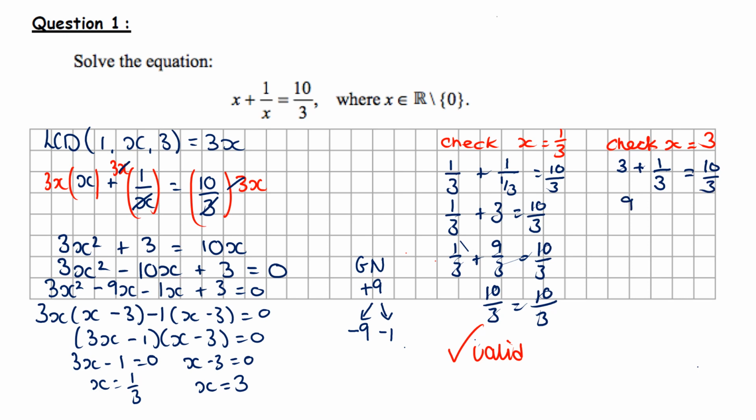So we get 9 over 3 plus 1 over 3 is equal to 10 over 3. So 10 over 3 equals 10 over 3. So both of our answers here are valid.